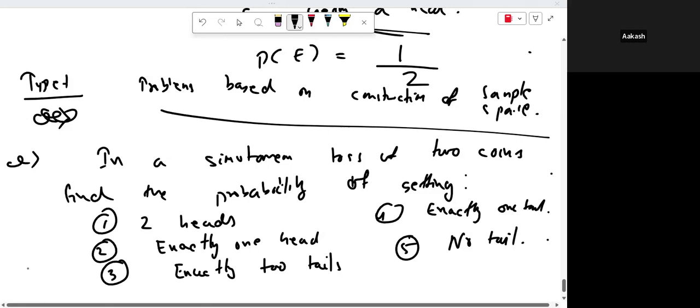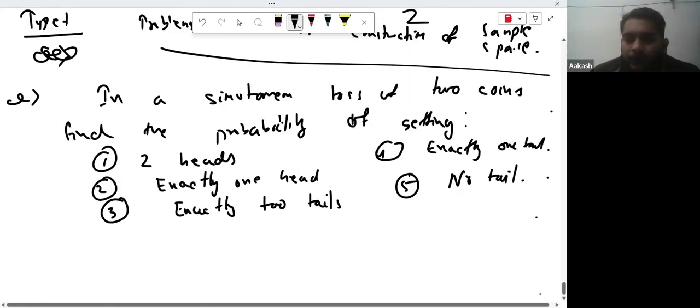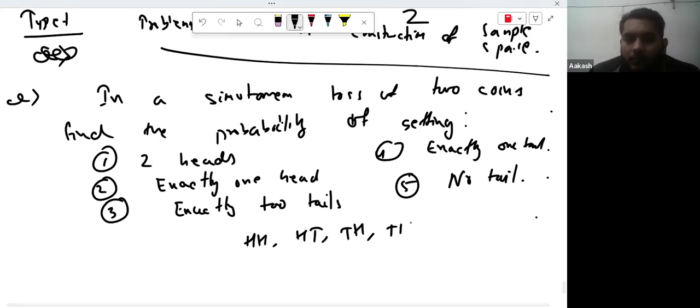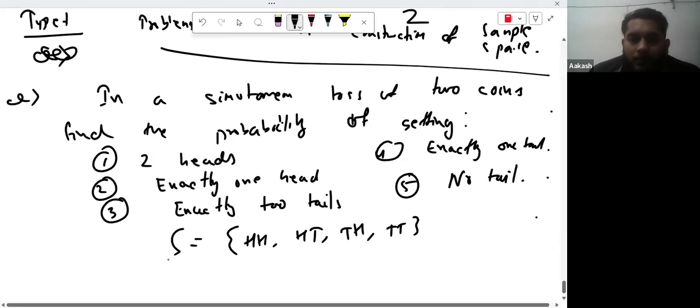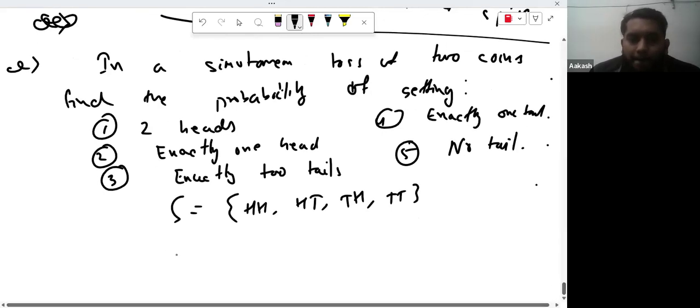Okay. When you toss two coins, then we get sample space S as HH, HT, TH, and TT. Very good. So the probability of two heads is 1 by 4.